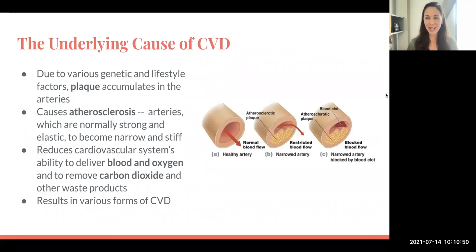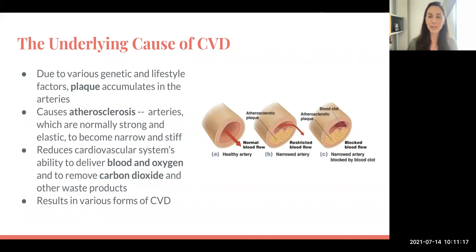Looking again at underlying causes, we go back to inflammation, which in this case is related to the development of plaque in the arteries. And you'll recall that arteries are part of your cardiovascular system that transport blood away from the heart, and then veins are blood vessels that bring blood back towards the heart. So these various lifestyle and genetic conditions can contribute to the development of plaque.